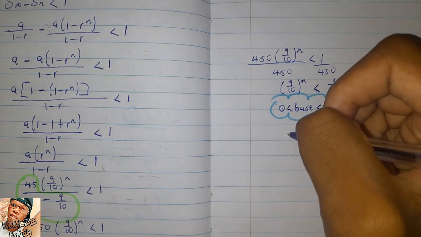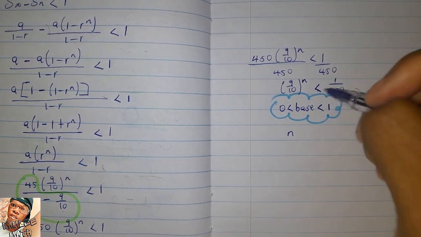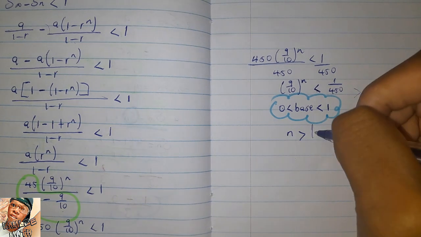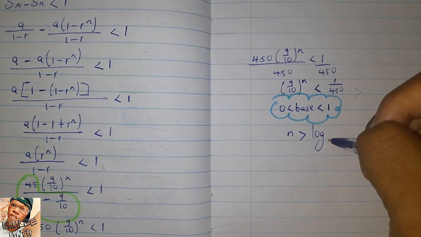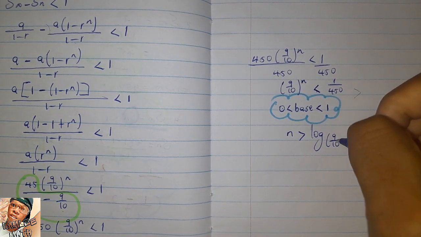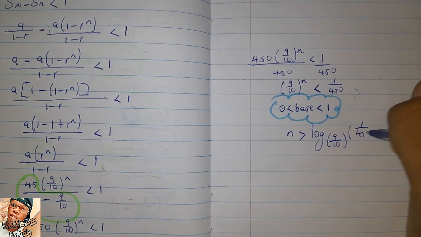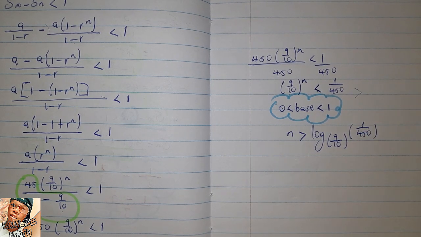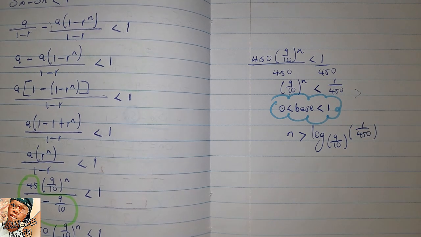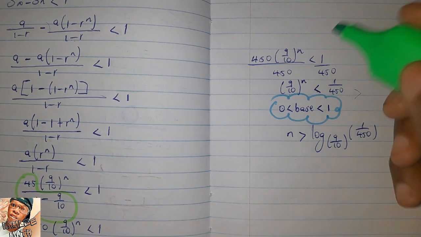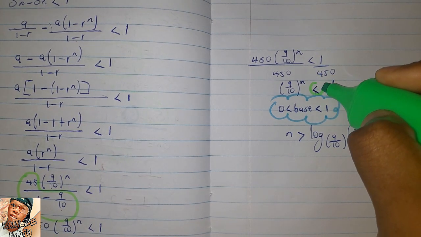What I mean is n as an exponent is going to be greater than the log of the base, and the base is 9 over 10 multiplied by 1 over 450. The first direction that this inequality sign was taken was less than.